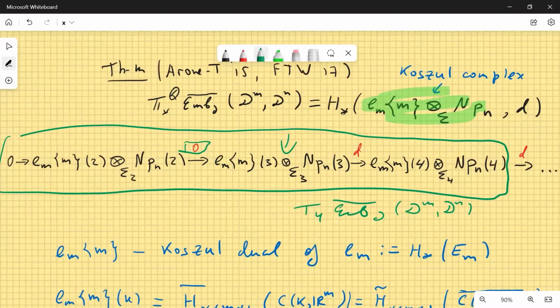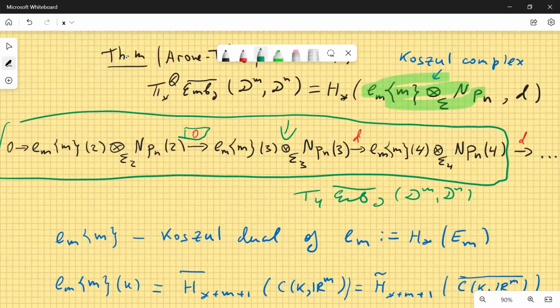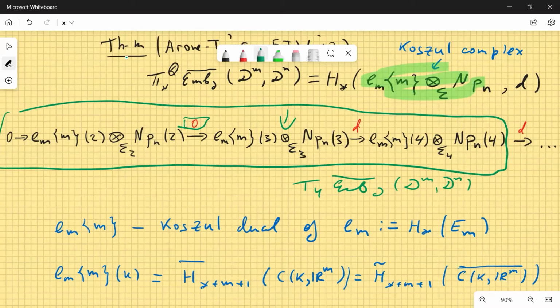So just to explain, what are these guys? E_M of K is the Koszul dual of the homology of the little disk operad, which is either the Poisson operad or the associative operad if M is 1.